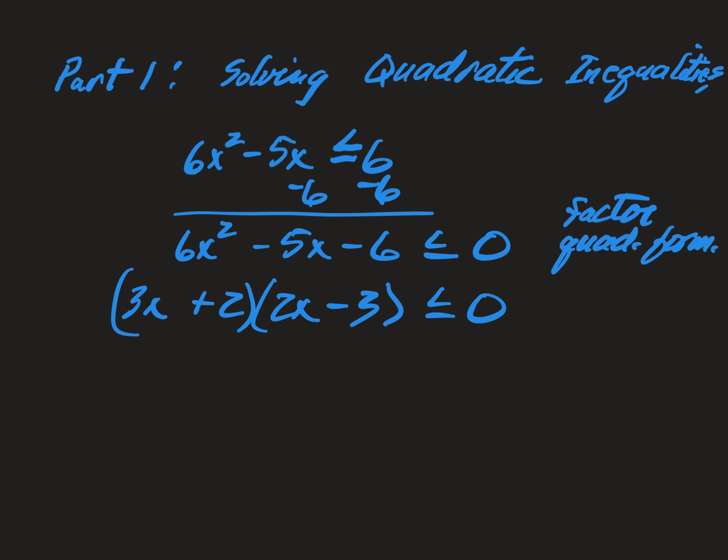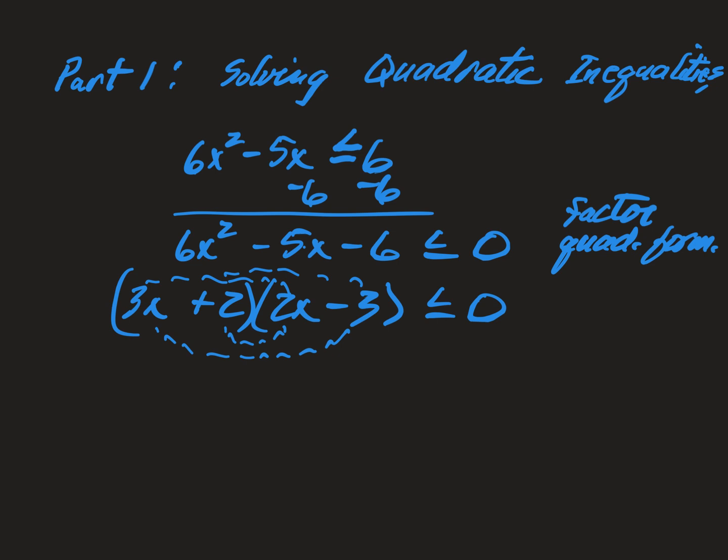So this will be 2 times negative 3 is negative 6. 3x times 2x is 6x squared. And then I get plus 4x minus 9x, which gives me a negative 5x. So that is a correct factoring.